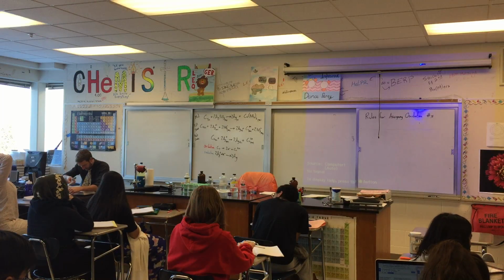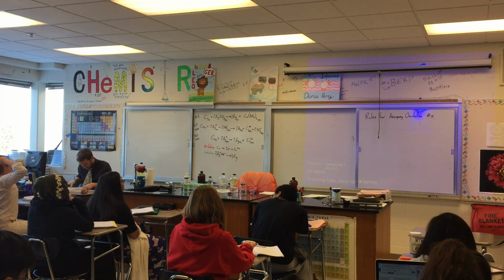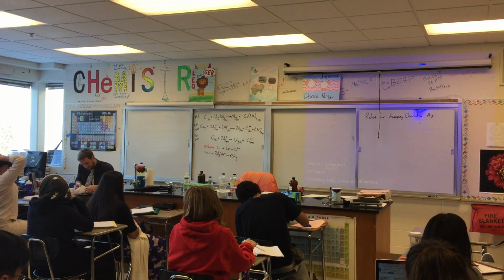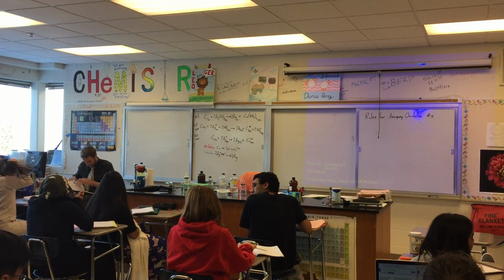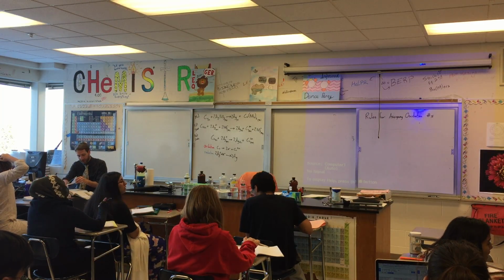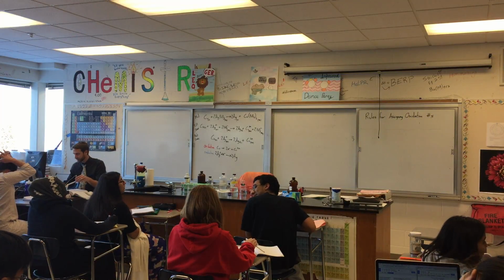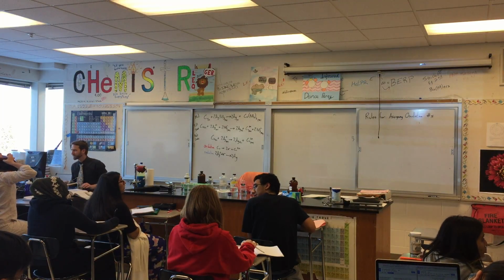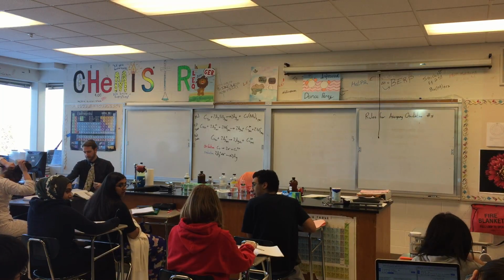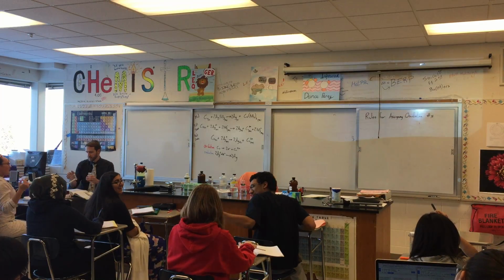Okay, so oxidation numbers, page 170 is where we're going to find them. Okay, so page 171, guys, is where you're going to find these rules in case you lose them. Everybody wrote that down?